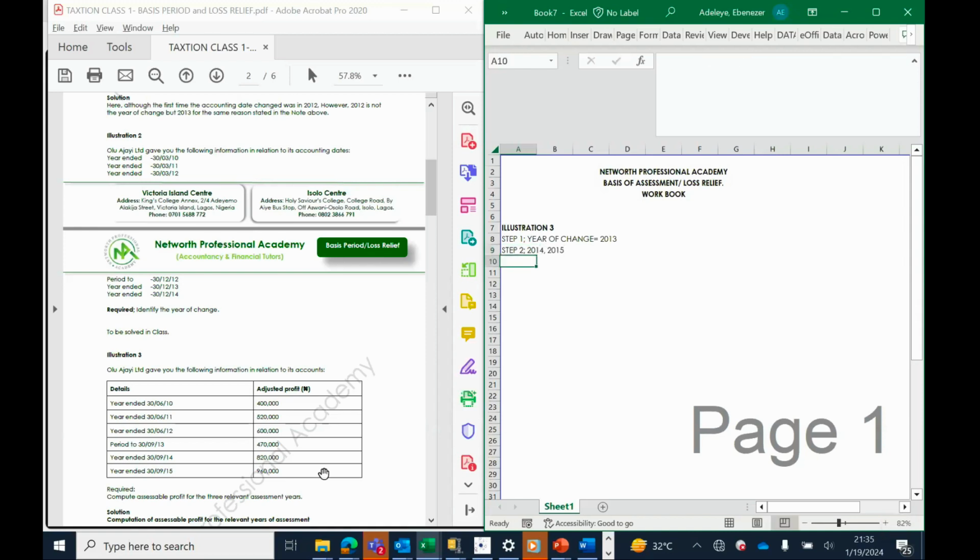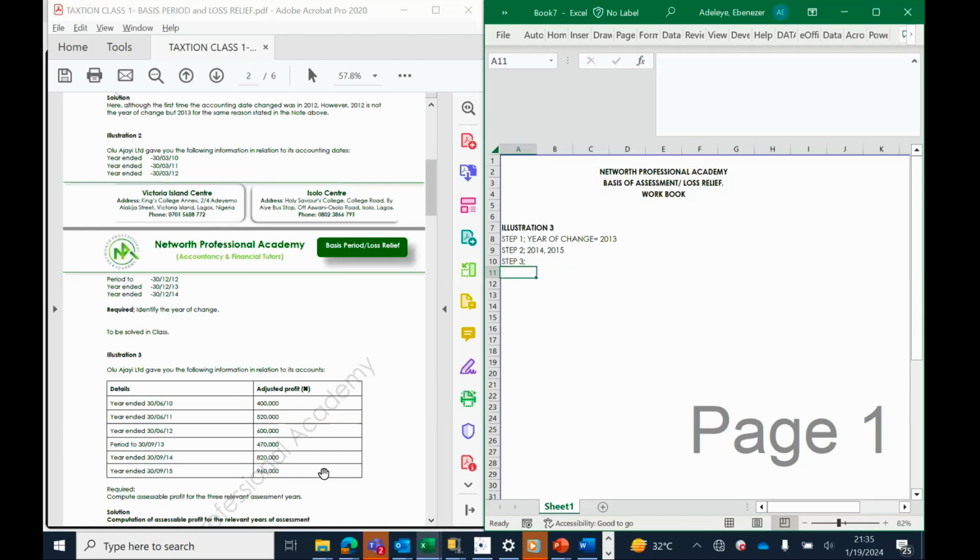Right. Step 3. Aramide, what is step 3? The third step is compute the assessable profit on preceding year basis. Using which of the accounting dates? The existing accounting date, or the new accounting date.